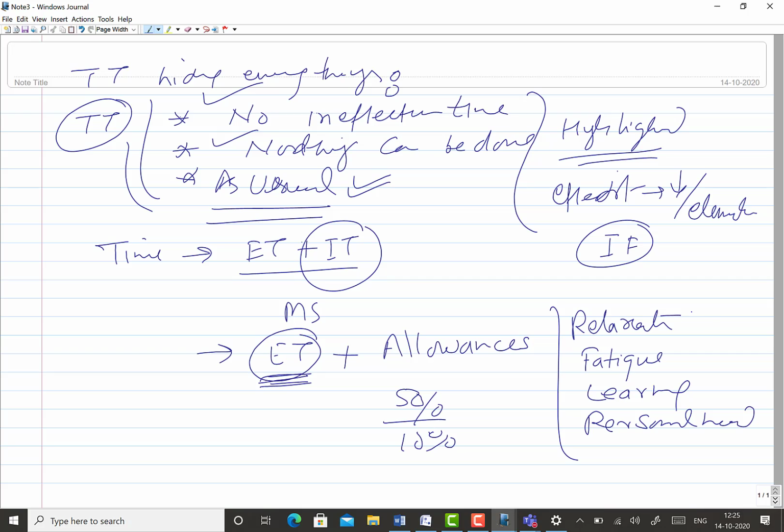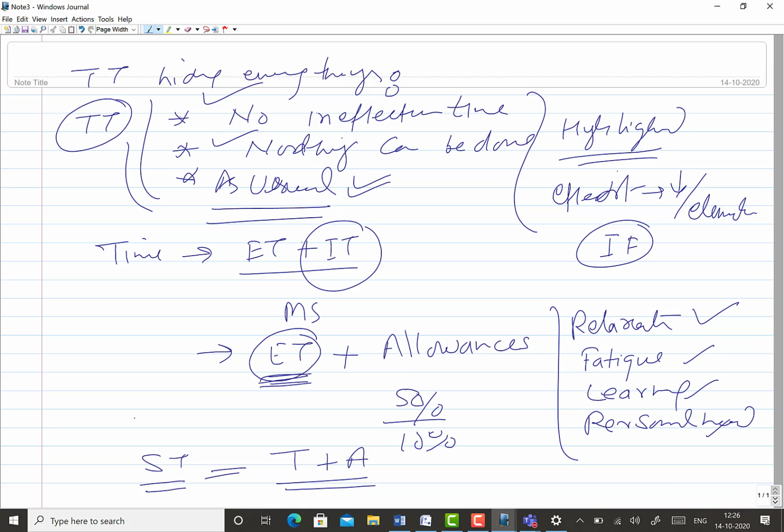So there are different percentages related with the different types of allowances, and those are identified by the management through negotiations with the worker representatives. So the time identified through the work study plus allowances, these two are added to get the standard time, or to identify the standard of output.